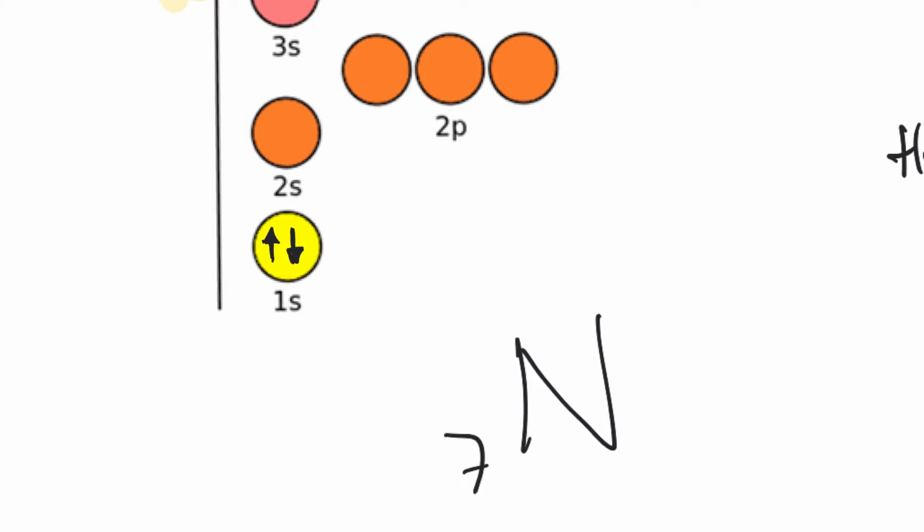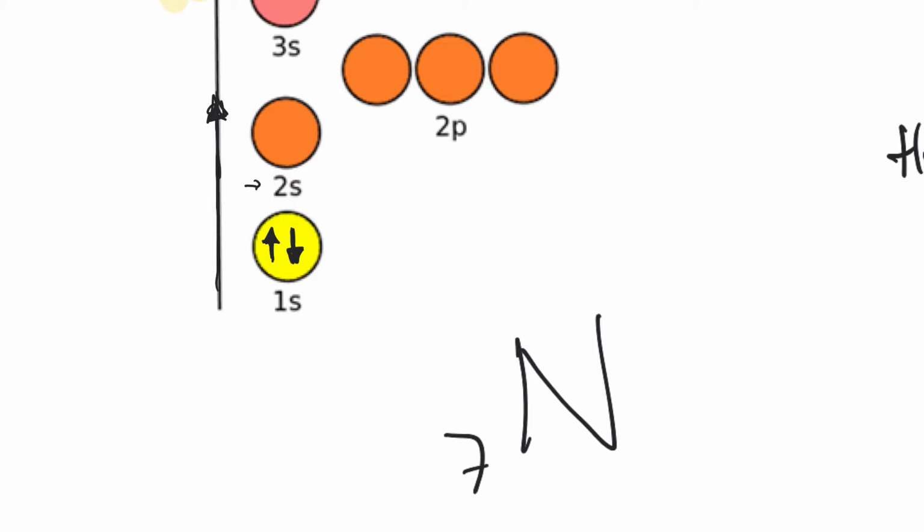Once the 1s orbital is full, then you've got to move up an energy level, because the one shell is completely full with its 2 electrons, like we talked about earlier. All right, and so we got 2 electrons down. Remember, nitrogen has 7, so we have to figure out where the other 5 configure themselves. Well, after the 1s, you move up an energy level, just like we mentioned in Aufbau's principle. Then we move on to the 2s.